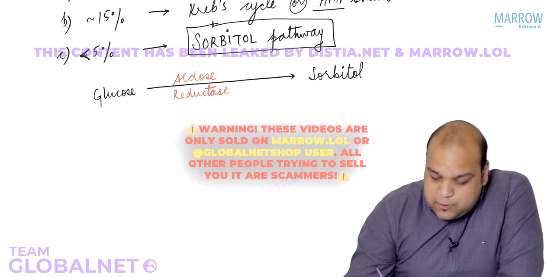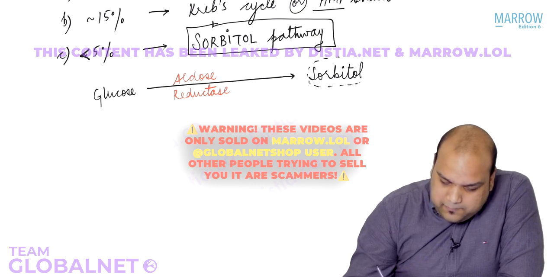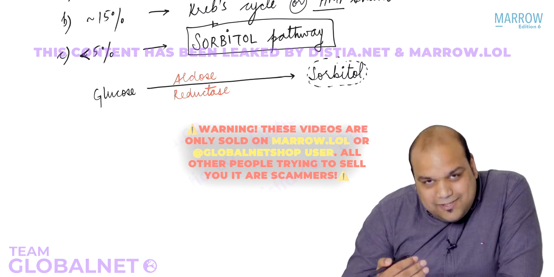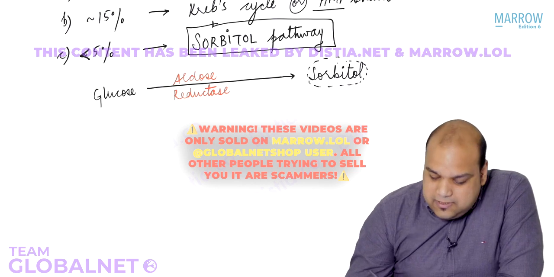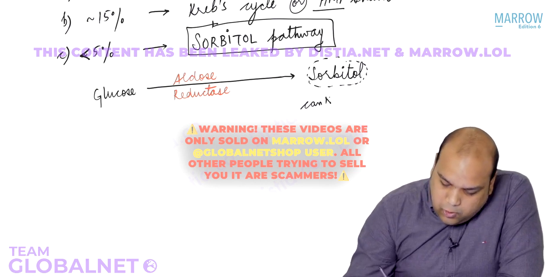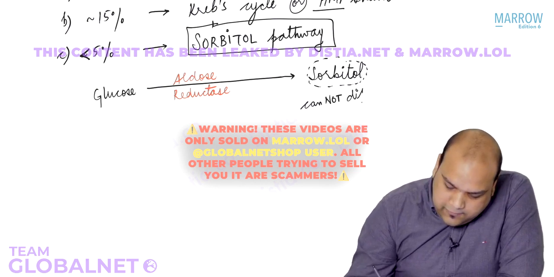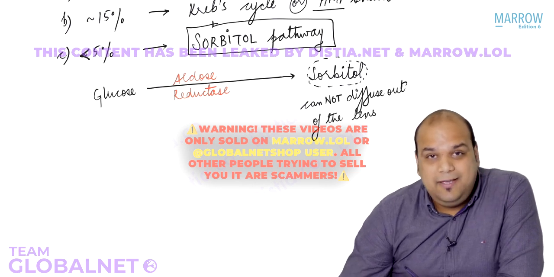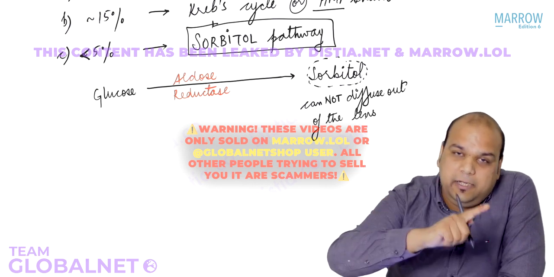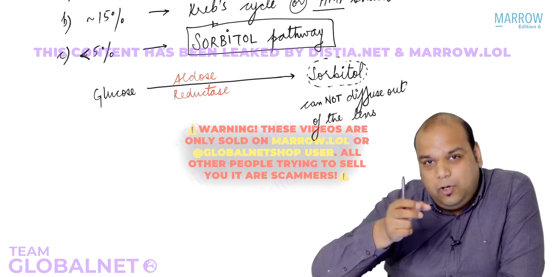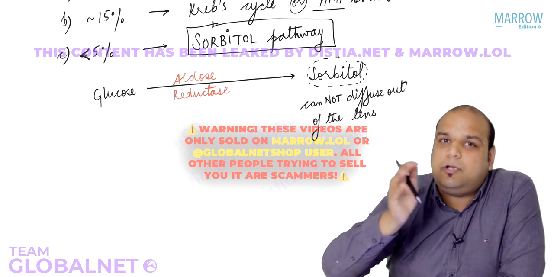Now, what is the problem in this pathway? The problem is that sorbitol is forming. Sorbitol is a sugar which cannot diffuse out of the lens. See, glucose has a two-way diffusion. It can come in, it can go out. But sorbitol is forming inside the lens and it cannot diffuse out at all.